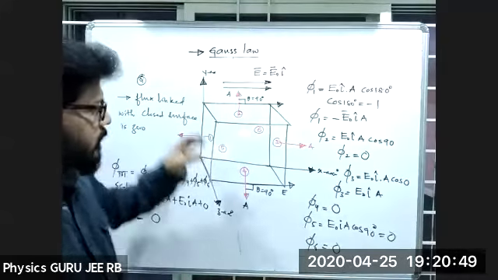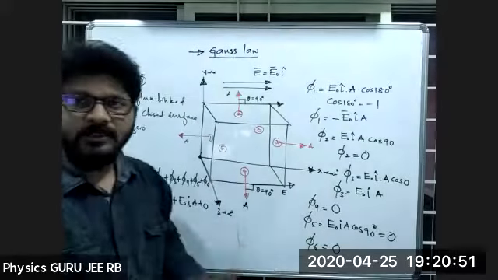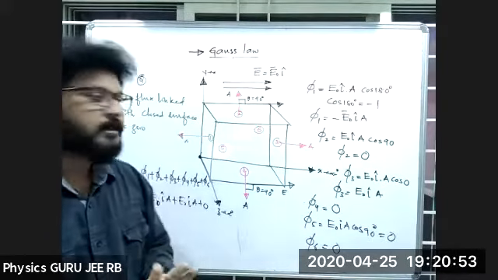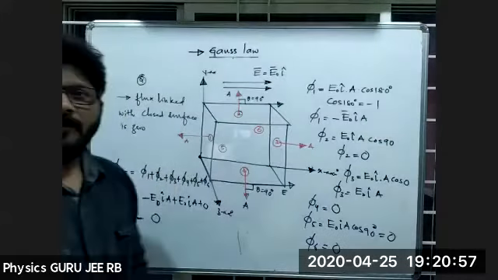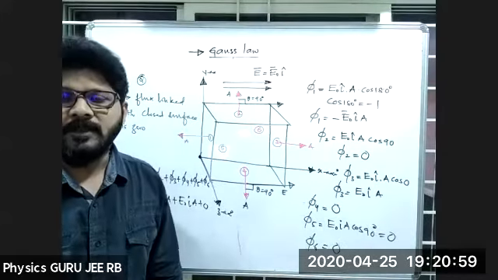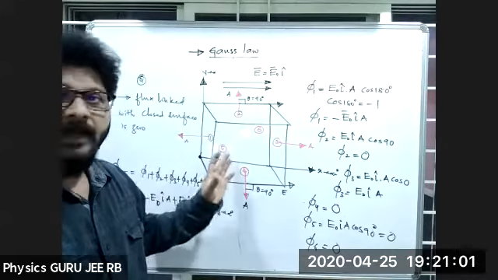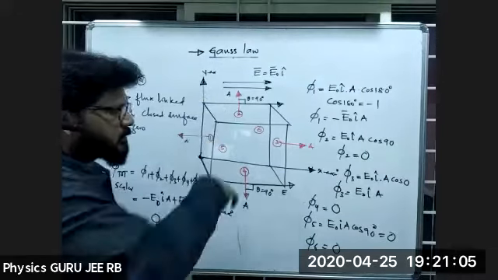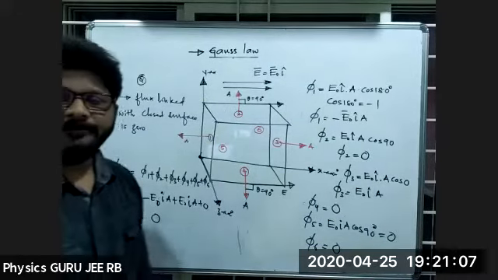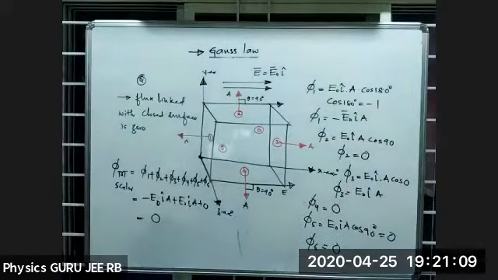This is the only possibility if there is no charge inside. When there is no charge inside, we get zero flux through a closed surface, or 3D surface. Here we are taking the origin, x-axis, y-axis and z-axis. Okay, we'll take one more question based on this, then you'll get more idea about this one.